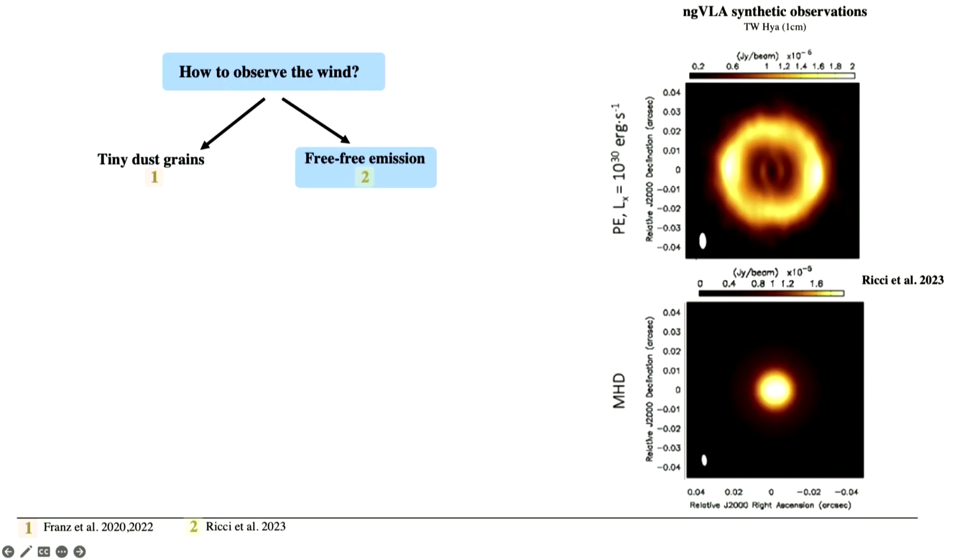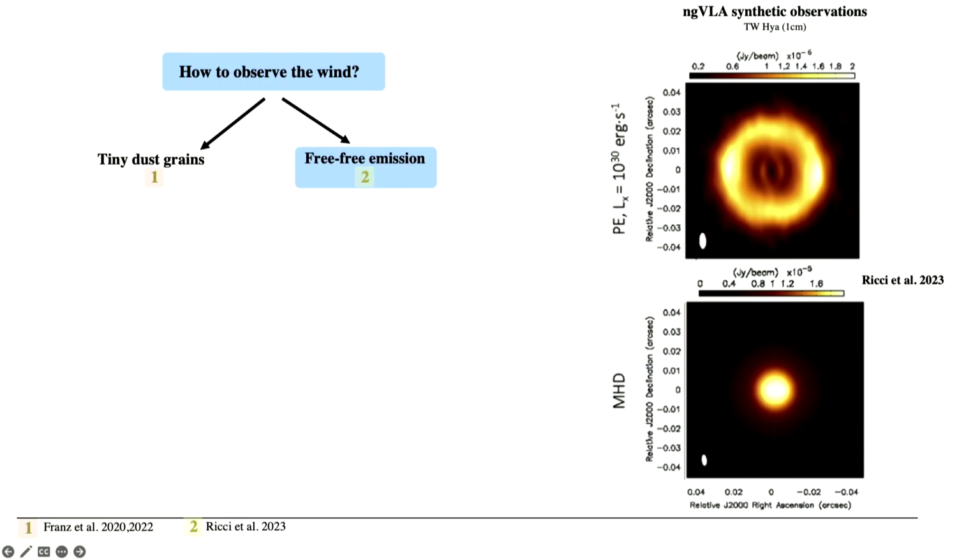Another nice approach which I liked is by Luca Ricci. He looks at the free-free emission. This is a model, again a synthetic observation, now with ngVLA at 1 centimeter for TW Hydra. At the top you see a model of a photo-evaporation-driven wind, and this is an MHD model.